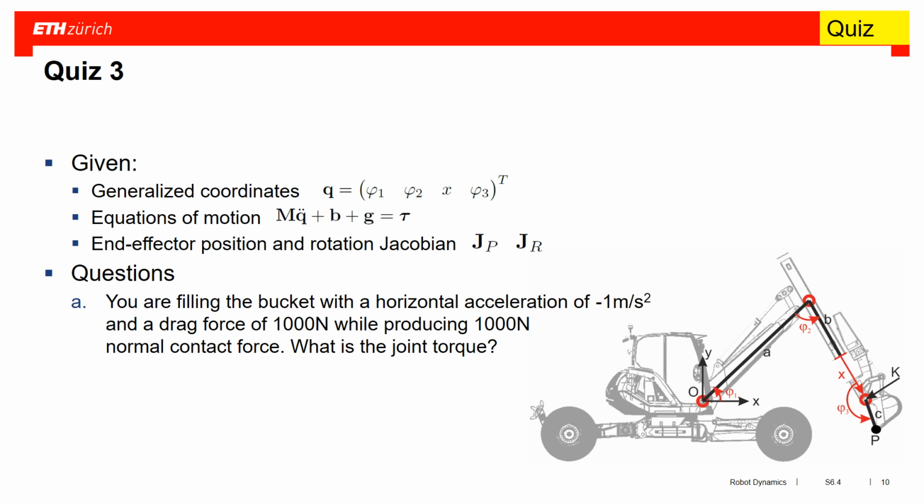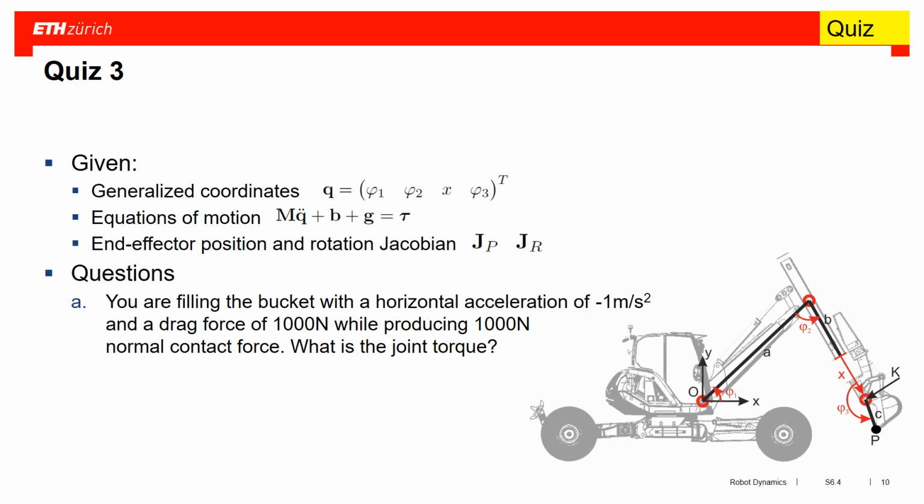Now to conclude this video segment, we again go back to our excavator example. We give you generalized coordinates, equations of motion, and end effector position rotation Jacobian. And the questions that we want you to answer is, first one is that you are filling this bucket with a horizontal acceleration of -1 meter per second squared and a drag force of 1000 Newton, while producing additionally 1000 Newton of normal contact force.